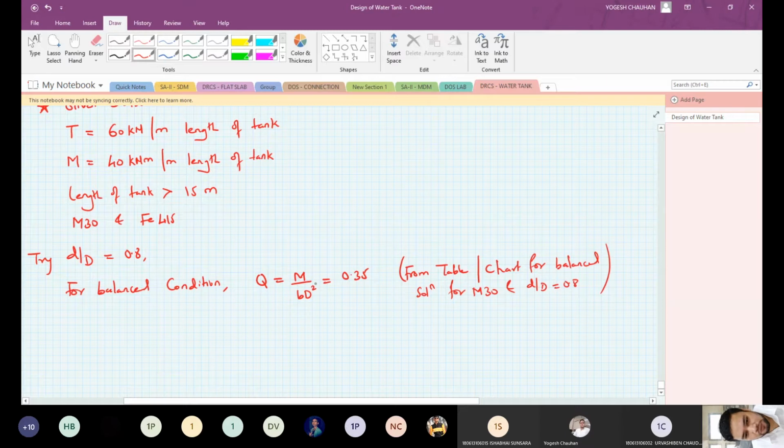Okay, so you can now find the value of d from this for balanced solution.